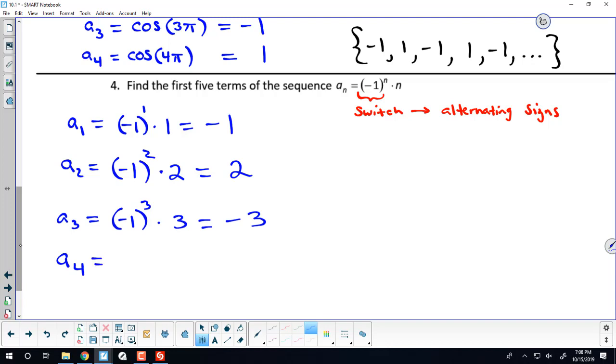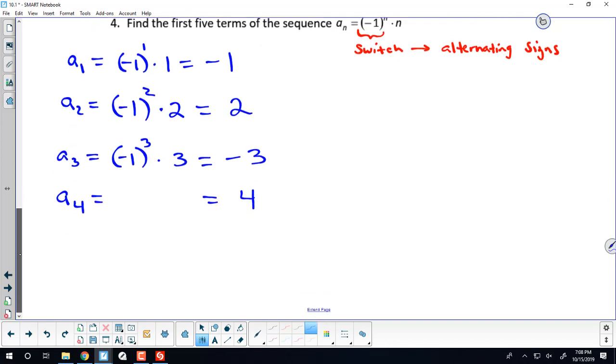So after seeing how that operates, we could notice how this pattern continues on. A sub 6 is +6, and so forth.